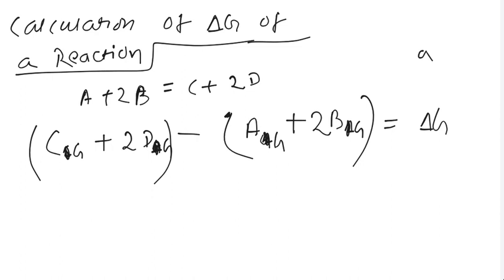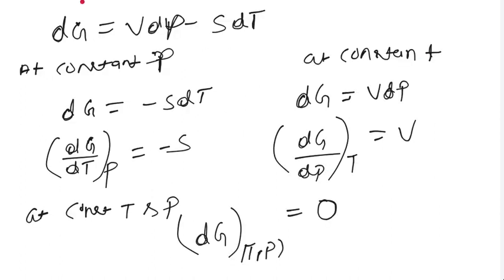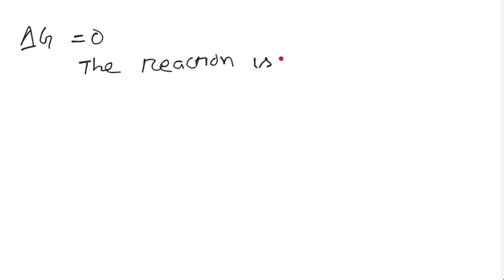So in this case, if the value of delta G is 0, that means it is in equilibrium condition. The reaction is in equilibrium condition.